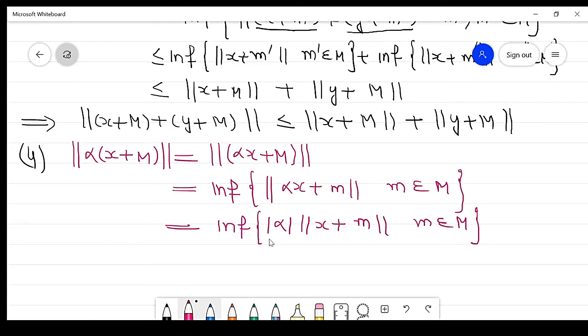Now this is the absolute value of alpha, and this absolute value is a positive number.